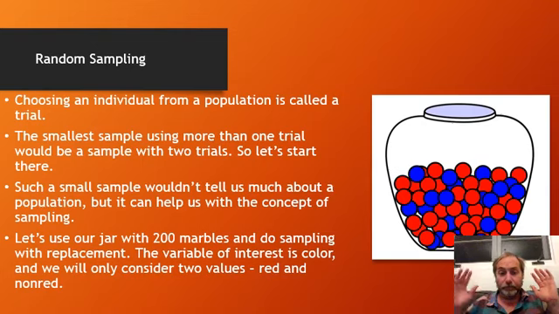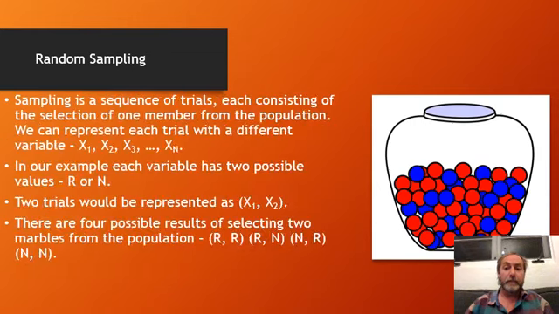So let's use our jar of 200 marbles, and we're going to do some sampling with replacement. The variable of interest is color, and we're only going to consider two values, red and non-red. Keep it as simple as possible. Sampling is just a sequence of trials. Again, the trial is just picking an individual out of the jar.